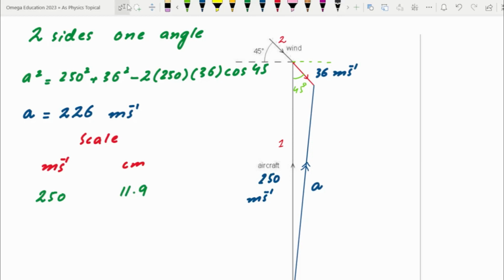Then we need to find the length of the resultant vector, and if we know how many centimeters this resultant vector is, we can reverse the scale and find how many meter per second this would be. So if you use a ruler to find the length of this one, it would come out to be 10.9 centimeters.